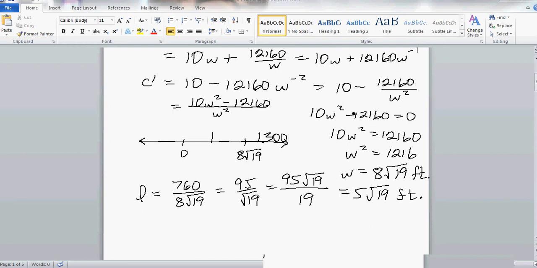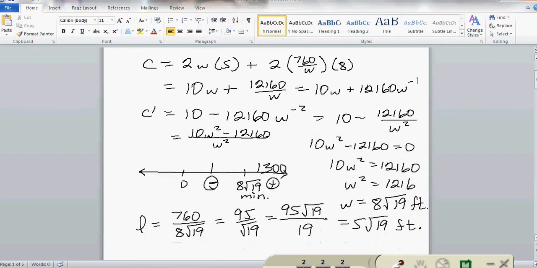If I plug in 1 into C prime, that would be 10 minus 12,000, so that's negative, and 1300 will give a positive, so this is actually a minimum here, which is what we were asked to find. Just to clarify that indeed we were finding the minimum and not the maximum.